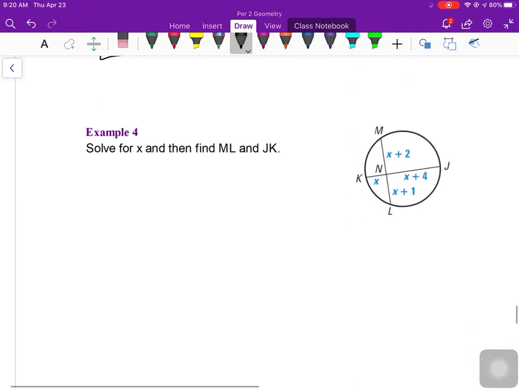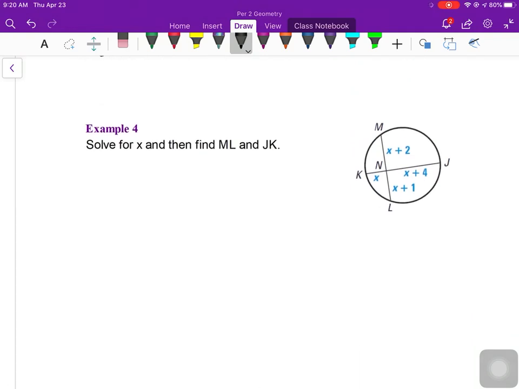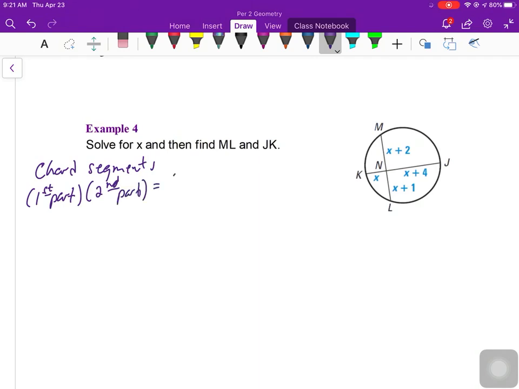Let's try another one of these. Once again, we have chord segments. Anytime you have chord segments, you take first part times second part will equal first part times second part. We have to learn this.